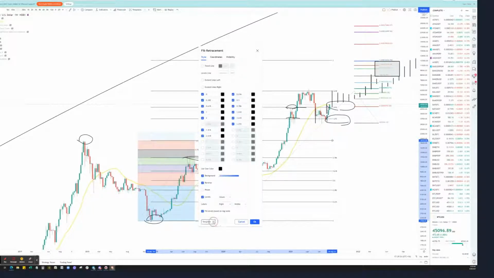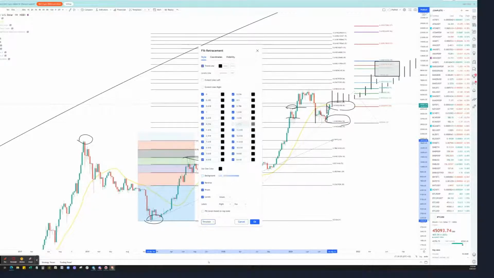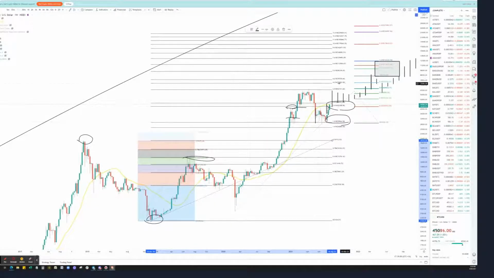If I was to apply the other template, you can see all these 0.618s have confluence, 4.618 to 7.618, based on this golden ratio standard. All the 0.618s all have key inputs based on the way I set it up.